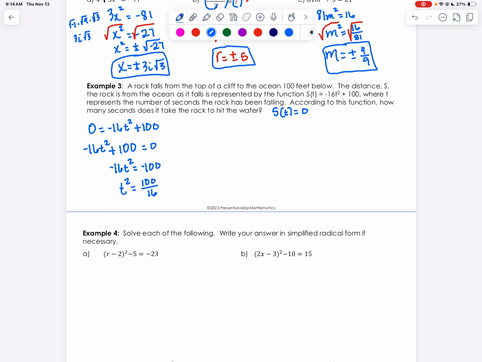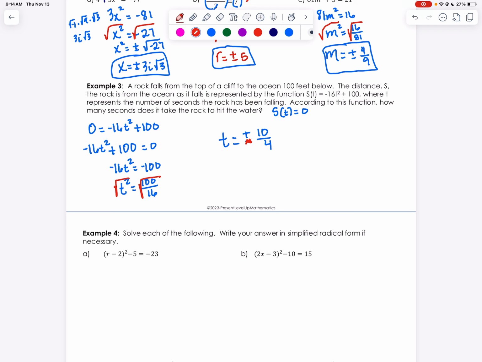And then we'll take the square root. So t is equal to plus or minus the square root of 100 is 10. The square root of 16 is 4. Now, the question asks how many seconds will it take? We can't have negative seconds, so I'm going to disregard the negative answer in this problem.